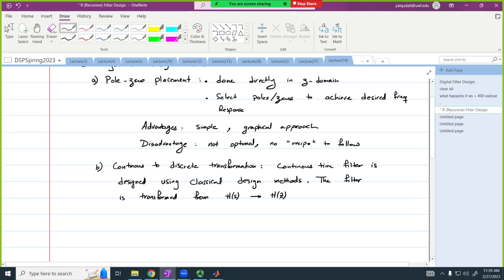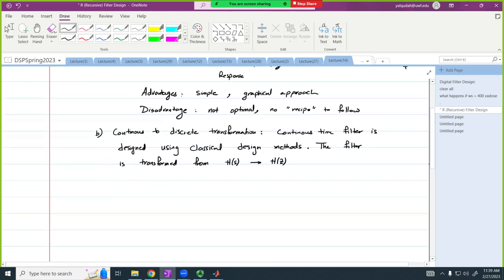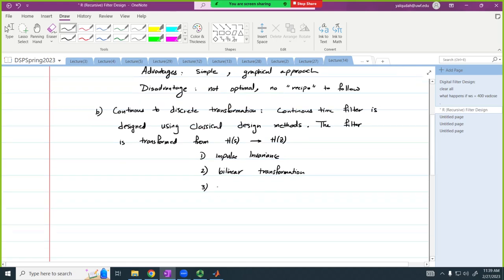How do we transform the frequency response from H of S to H of Z? We're going to be looking at three methods. The first method is called impulse invariance. The second method is called bilinear transformation. And the third method is called matched Z-transform. Okay.